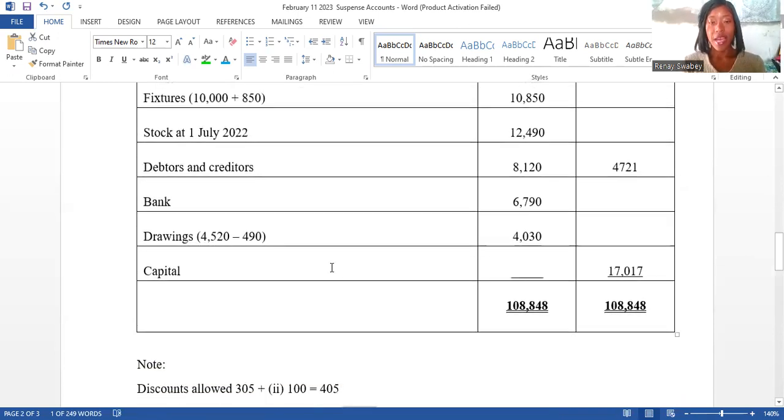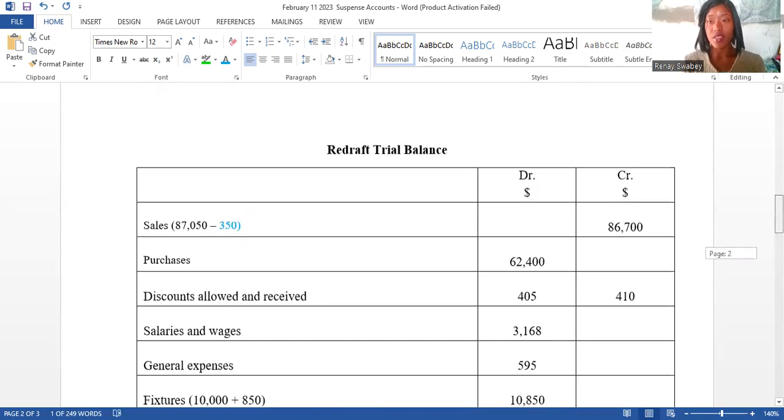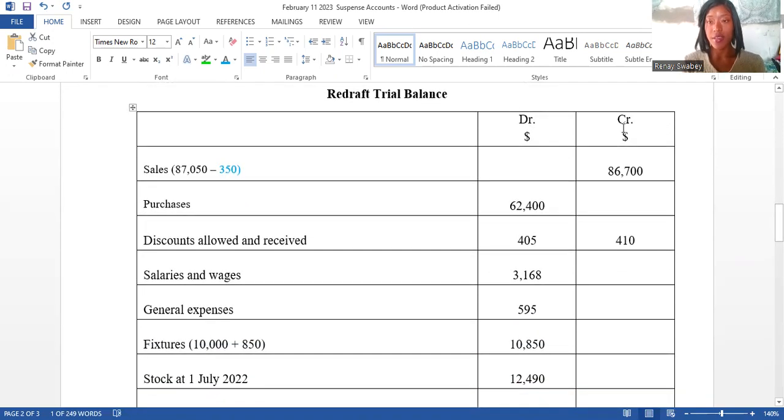Correct? And we know that capital has a credit balance. So that's why it's in the credit section in the trial balance. Notice CR means credit. You might not remember, so let me just write the word out. D-E-B-I-T. All right, so that's that.